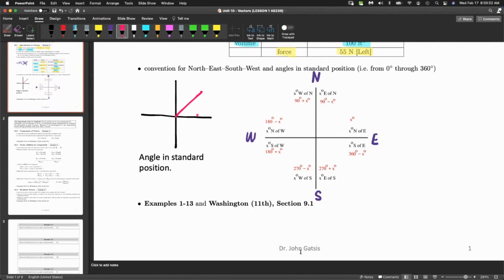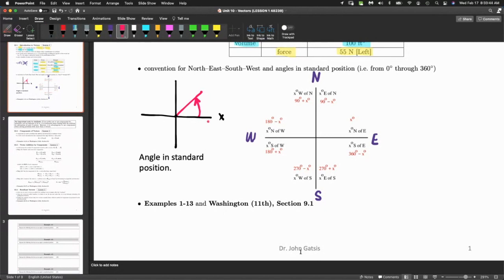Here's an angle. If you measure it counterclockwise from the x-axis, there's the x-axis. Let's write that down. As long as the two arms of the angle have an origin at the origin of the grid, then this angle is said to be in standard position.